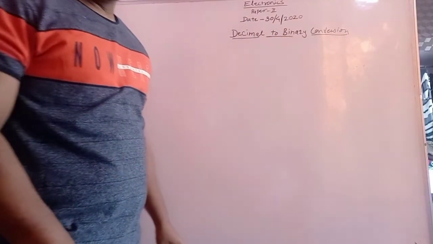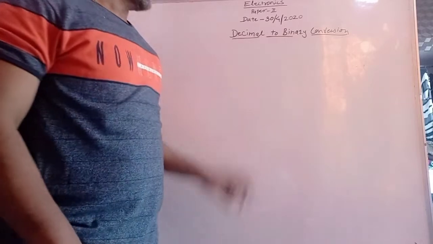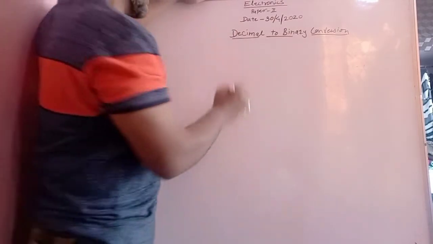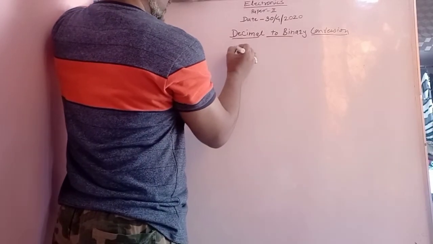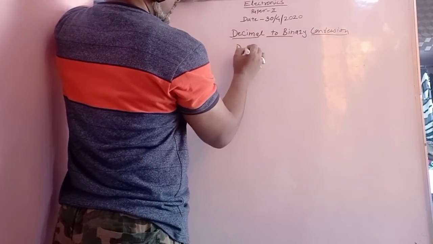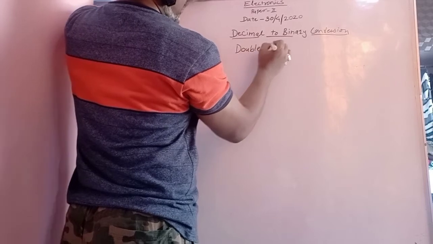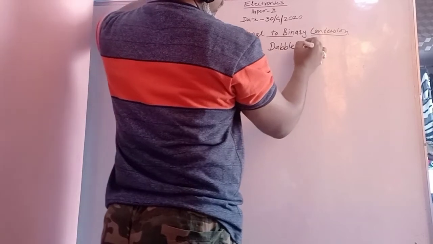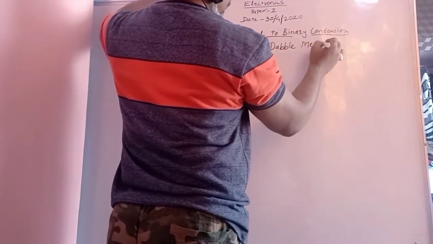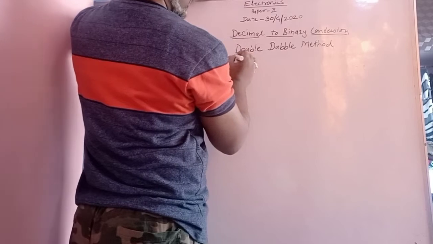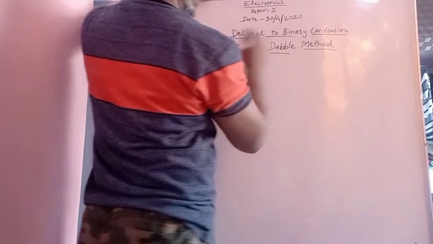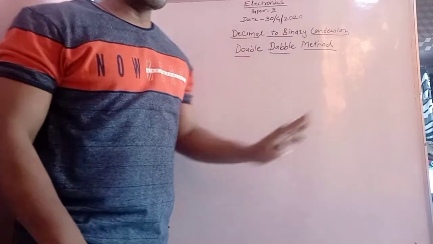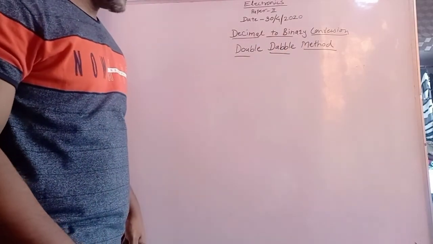So this is decimal to binary conversion, and for this conversion we are going to use one method that is called the double dabble method. So this method is used to convert decimal into its equivalent binary number.